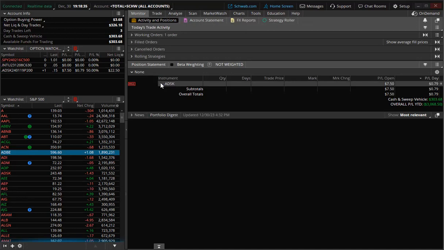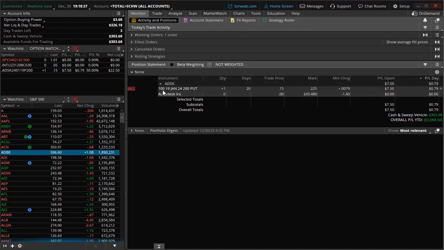And you can see all of that. You can see the details. You can see what option you purchased, quantity, how many you purchased, how many days before expiration, trade price, what the mark is, what is the value of your option right now, and what the difference is between your option cost that you paid and what the value is now.